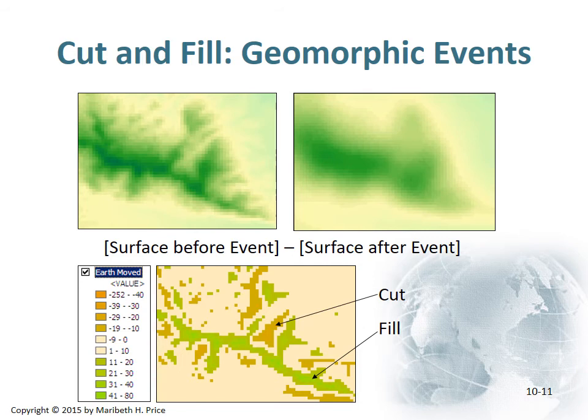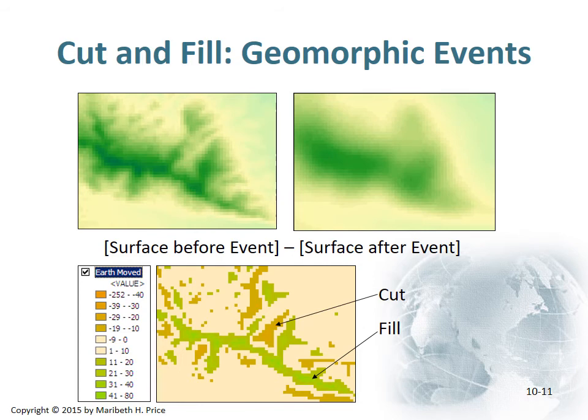You can apply the same kind of analysis to Crater Lake, to Yellowstone, very large calderas where huge volcanic eruptions occurred, removed a lot of material from the landscape, and deposited it somewhere else.